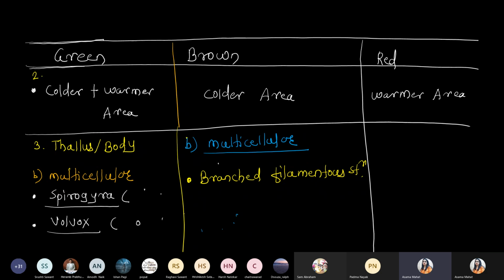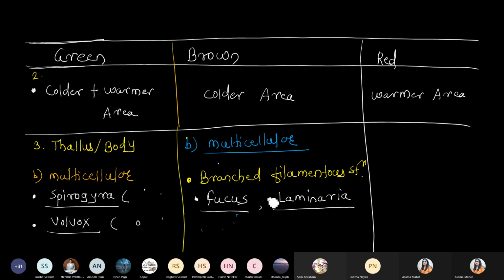Number 1, Fucus. Underline. Number 2, Laminaria, L capital, underline.